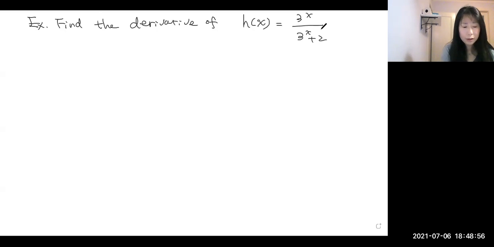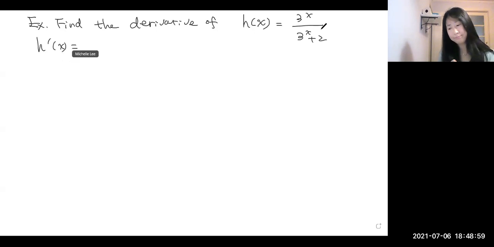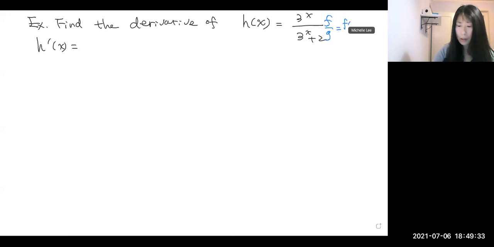Okay, how do you take the derivative of the function? Start with the quotient rule. Quotient rule, very good. So f over g, f prime g minus f g prime over g squared, right?